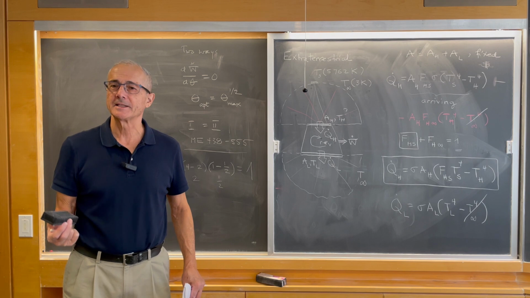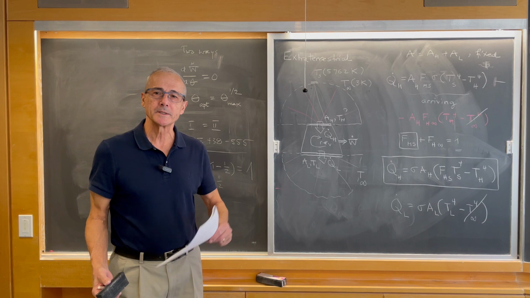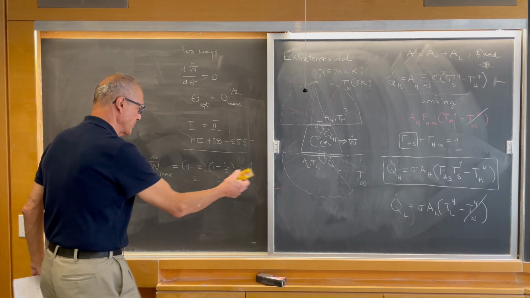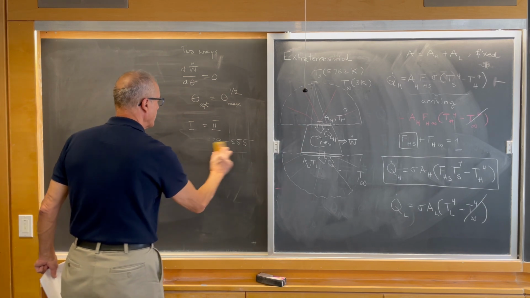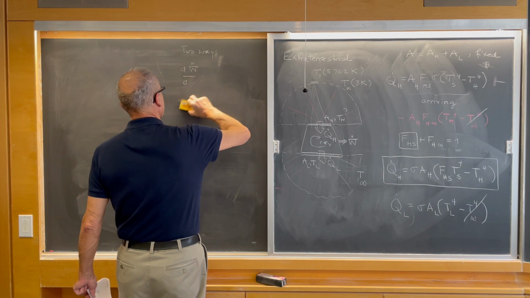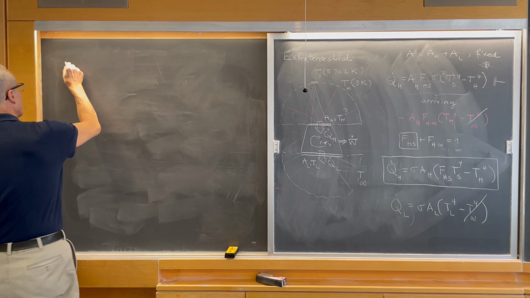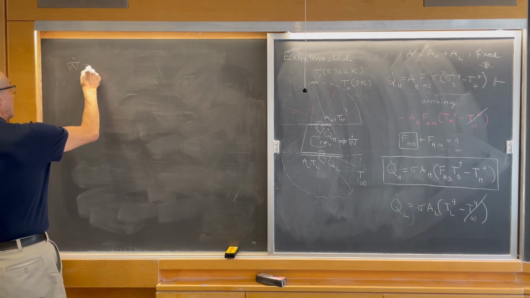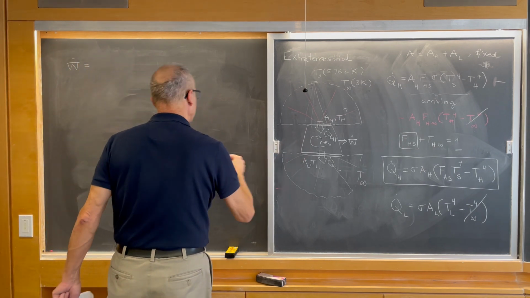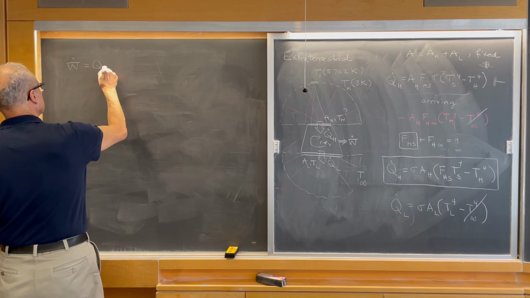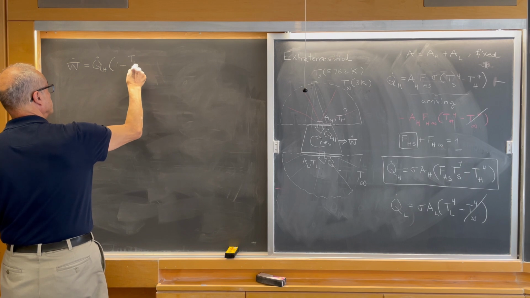So the next step is the formula for the power that is provided by this contraption. Obviously, it is, as usual, Q dot H times the Carnot efficiency.